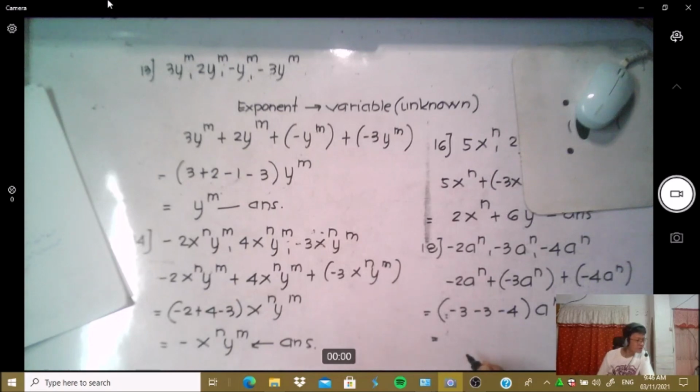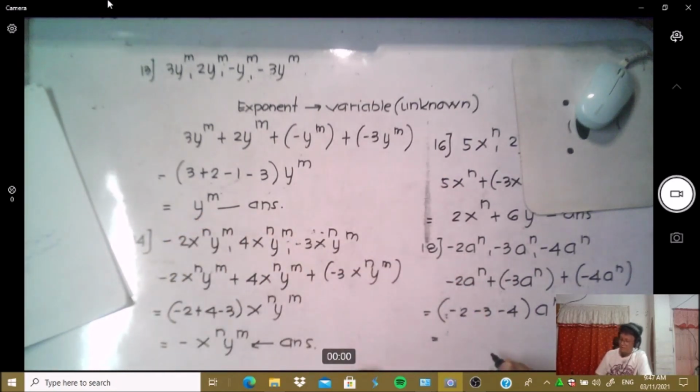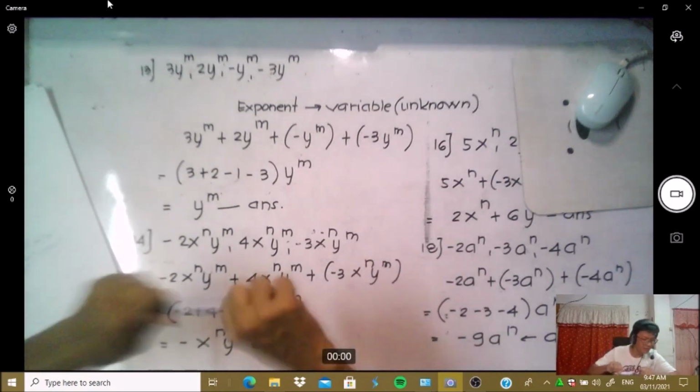Sorry, this is negative 2, negative 3, and negative 4. So negative 2 minus 3 minus 4 is negative 9. This is negative 9a raised to n, and this is our answer.